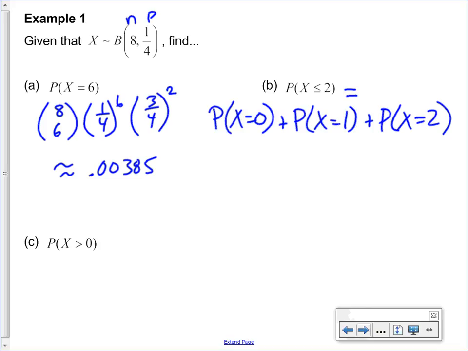If you have an inequality, you just add up to where you want it to go. P of X equals 0 is going to be 8 choose 0, and then 1/4 to the 0, 3/4 to the 8th.